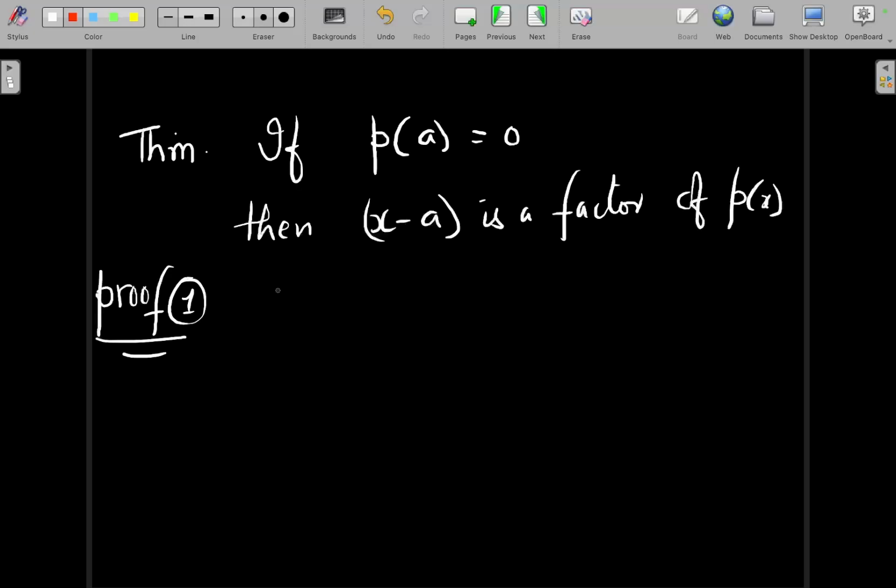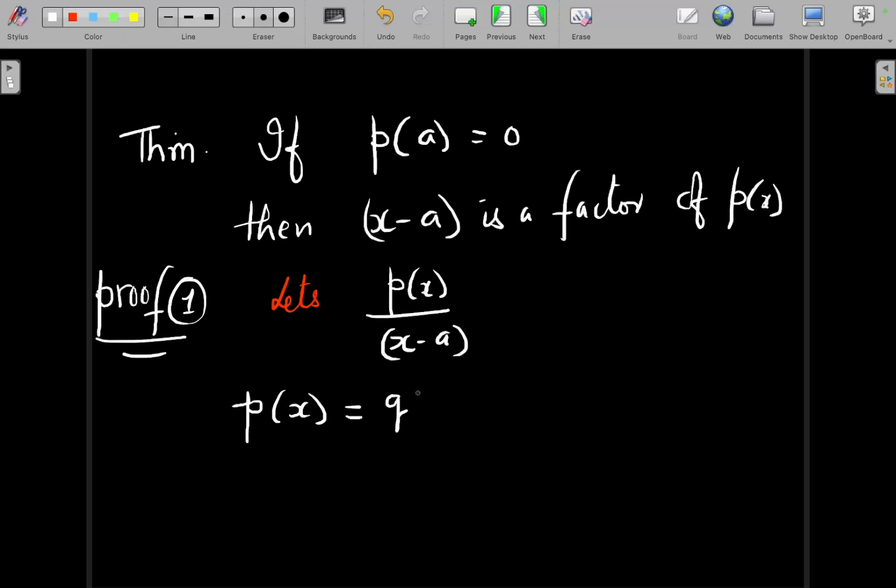We say, let's divide p of x by x minus a. Use the fundamental definition of division, which says that p of x is equal to quotient of x into x minus a plus the remainder.